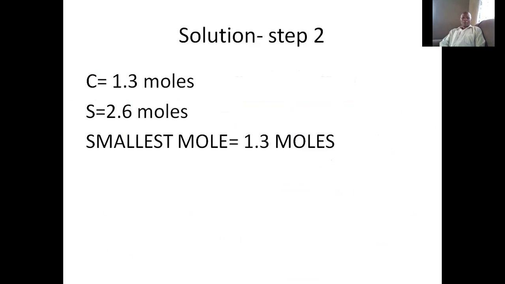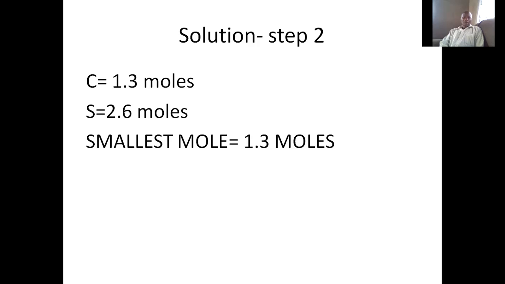Now we have looked at the number of moles in each of these. Now we identify the moles which are the smallest. We note that carbon has the smallest number of moles, which is 1.3 moles, while sulfur has 2.6 moles.